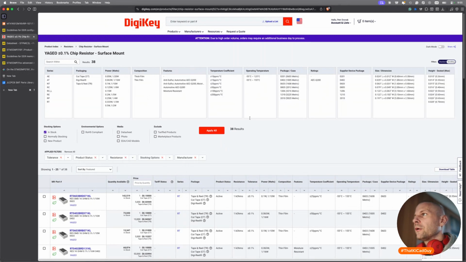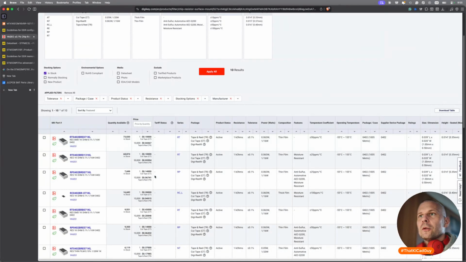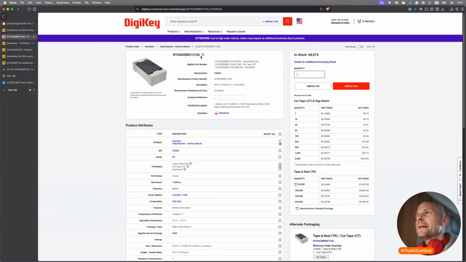This should be 0.0402, and here is our. It's 50 ppm. This is better for the same price. Okay, so we are using this because it's more stable. Here.